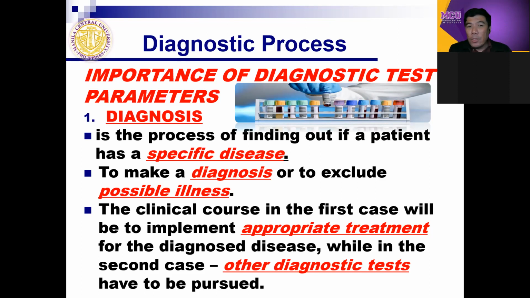Now, to make diagnosis or to exclude possible illness, for example, it was suspected that the patient may have stroke. So that's why there is some diagnosis na CVA, infarct, or bleed. Ibig sabihin, it could be cerebrovascular accident or stroke, but still on the process of either bleeding or either with infarction or tissue death.